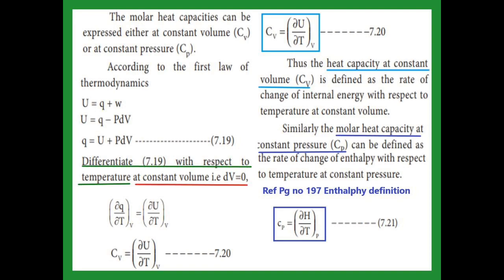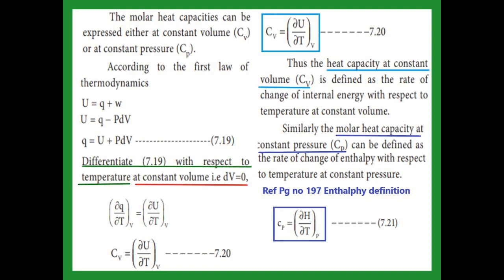Now we differentiate equation 7.19 with respect to temperature. So we get dou Q by dou T at constant volume equal to dou U by dou T. Dou is the symbol for partial differentiation, and dV becomes 0, so the P into 0 term becomes 0.